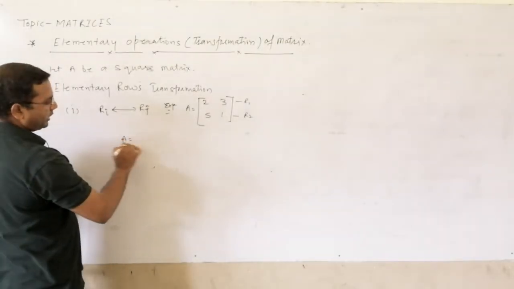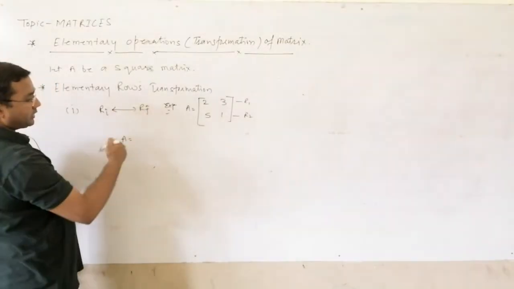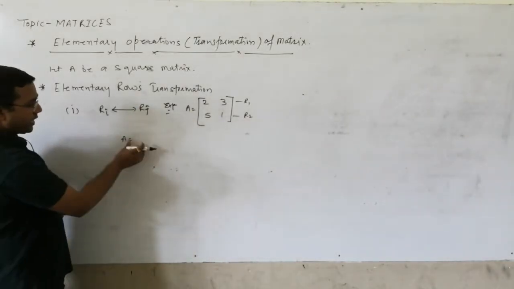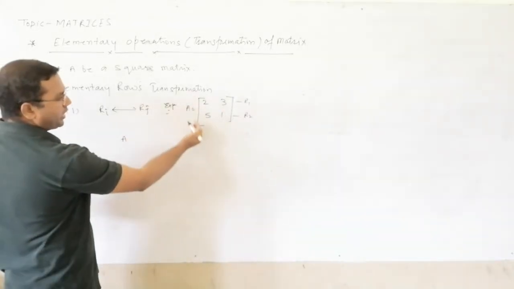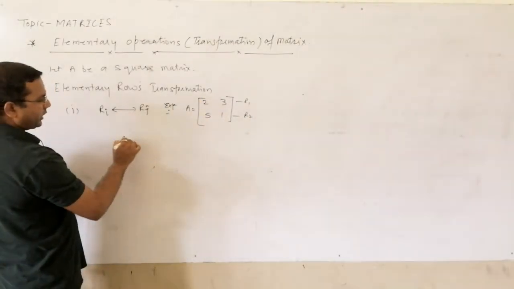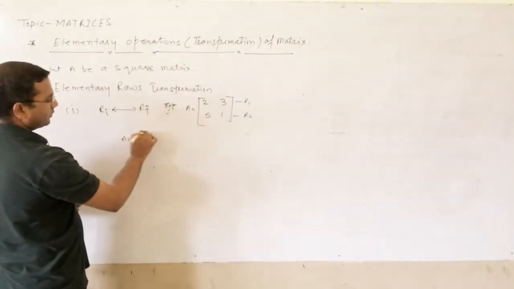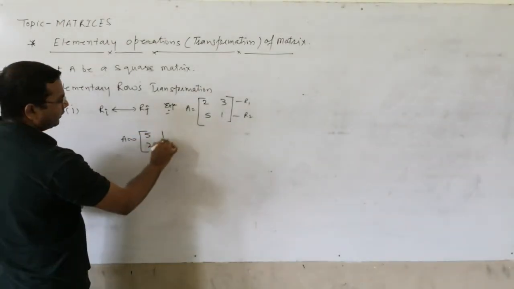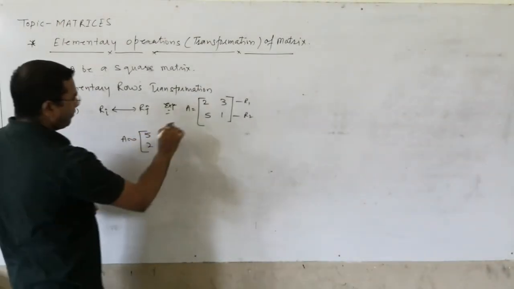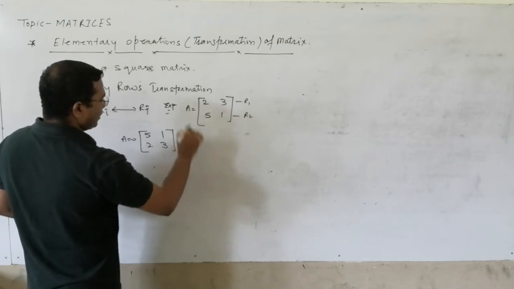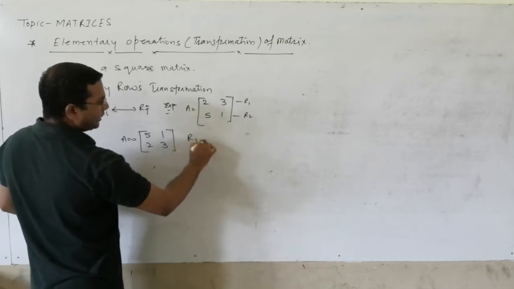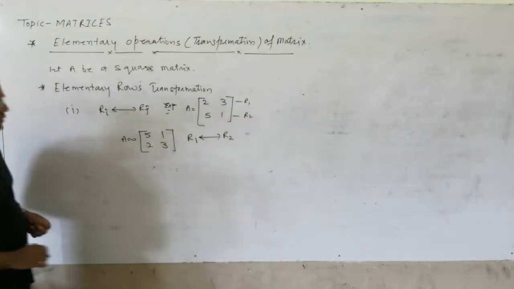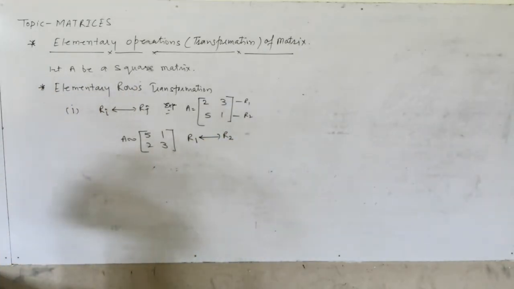By this transformation, whatever matrix we get will be equivalent to matrix A, and it is 5, 1, 2, 3. What transformation have we applied? We have changed R1 and R2. So this is one operation we can say.